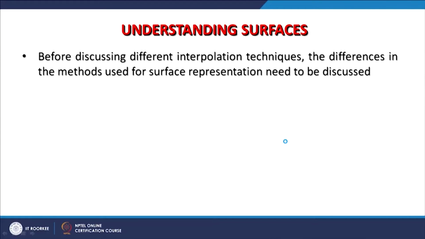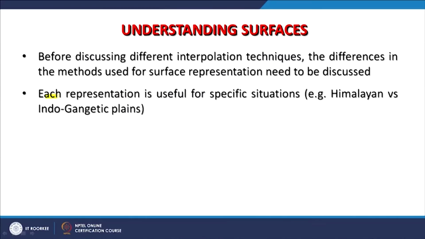Now, as you know, a digital elevation model is a surface, and a surface is continuous, and what your interpolation is doing is basically creating the surface, and therefore a better understanding about surfaces is very much required. So, here what we are going to discuss is that each surface representation is useful for a specific situation. What it means is, if I am going for a Himalayan terrain digital elevation model, then the same technique may not be useful as it is good for a plain area like the Indo-Gangetic plain.